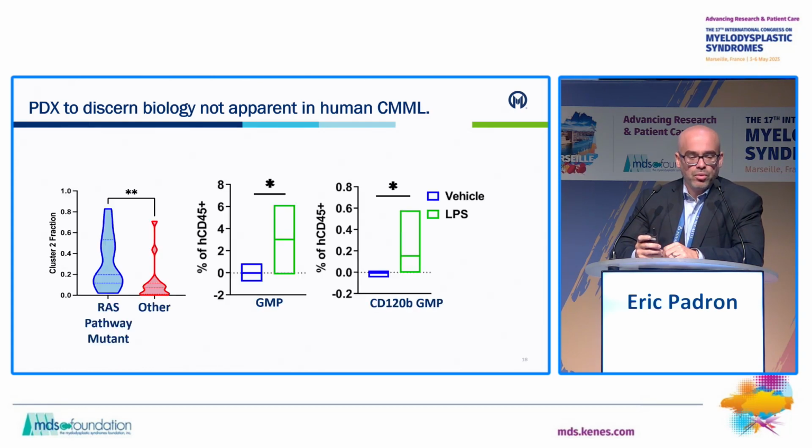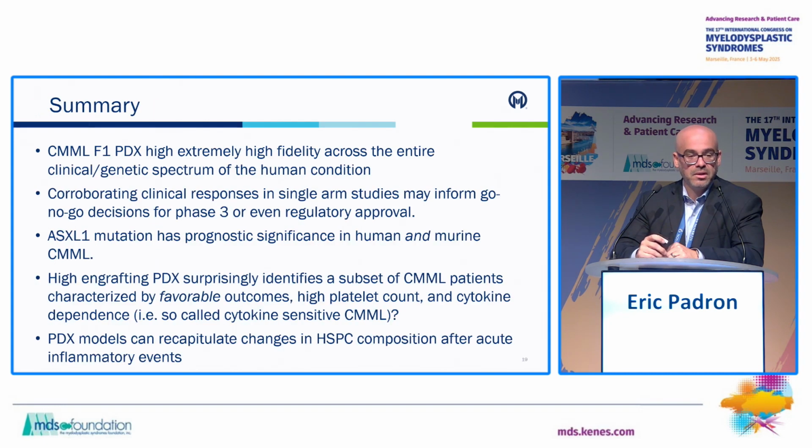I just show the RAS pathway because those were the ones enriched for this process, but we were able to show that upon addition of LPS, you do see an expansion of GMPs and specifically an expansion of CD120B GMPs. This has led to an observational study following CMML patients and annotating acute inflammatory events, asking whether these are associated with prognosis based on this PDX data.